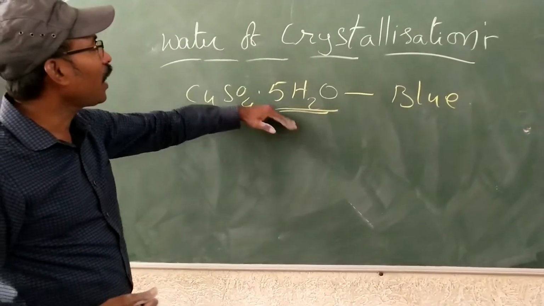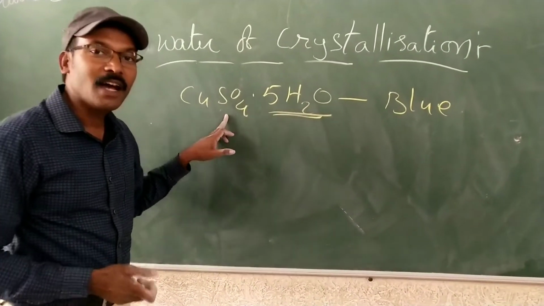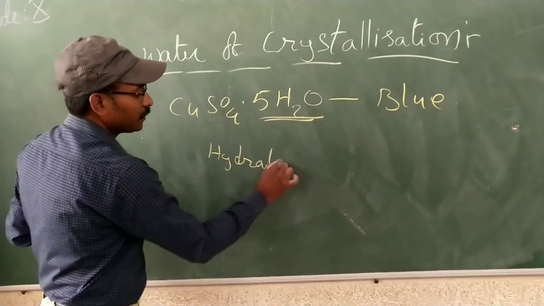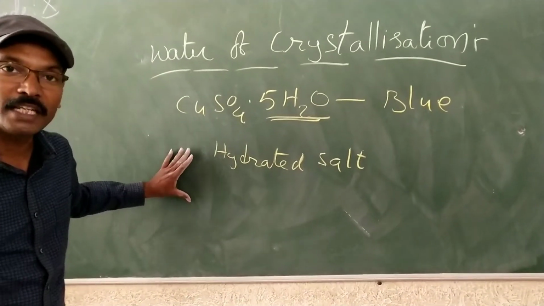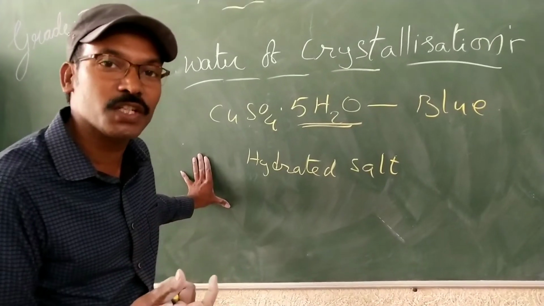That's why it is called water of crystallization, and this salt is known as a hydrated salt. What do we say? Hydrated salt. The salt which contains water molecules in it, and because of those water molecules the salt gets its structure and color.